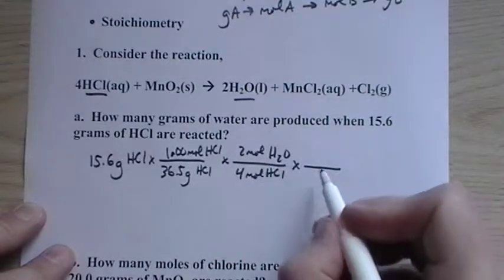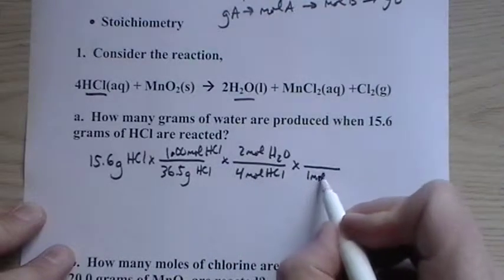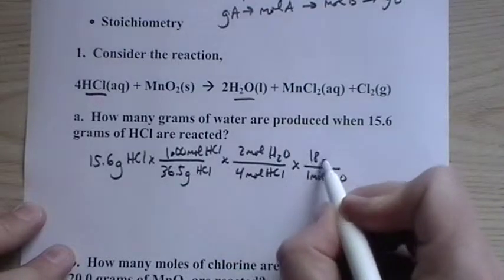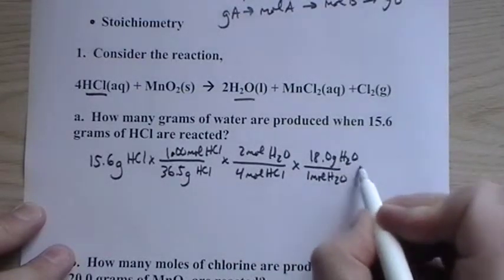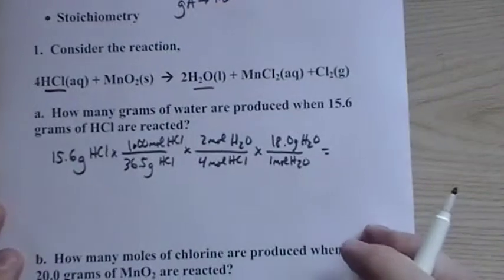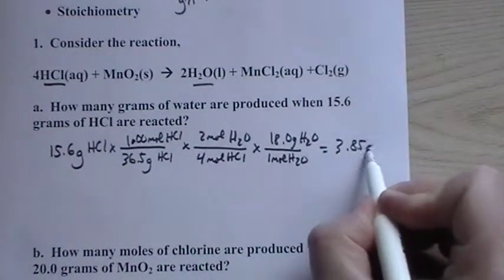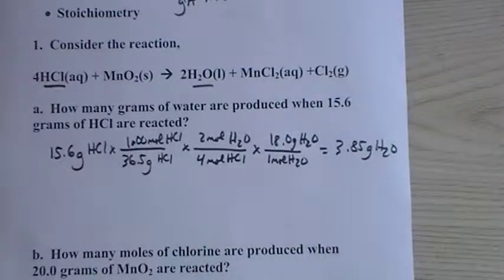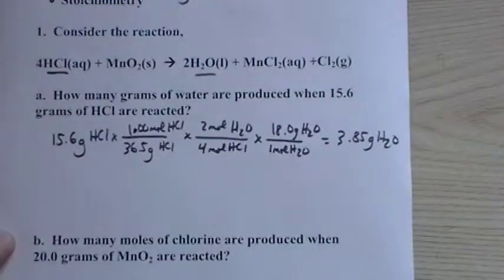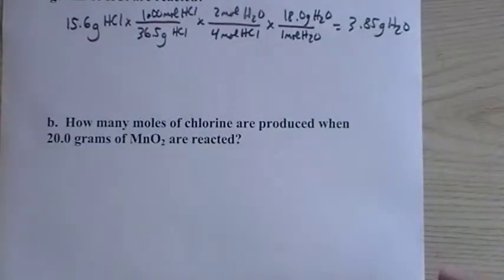They're exact. 1 mole of water is 18 grams of water. To save time, I've done these problems ahead of time, so this is 3.85 grams of water. And actually, I don't even trust myself because I did these a couple of days ago.